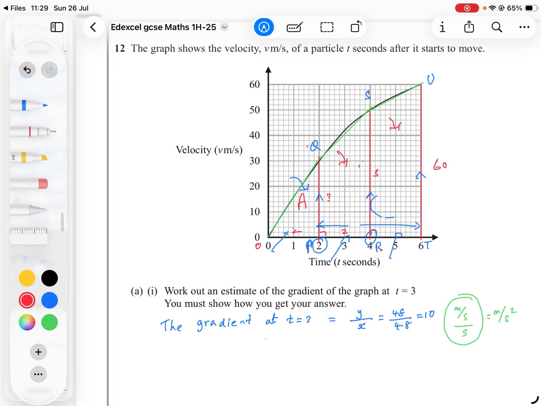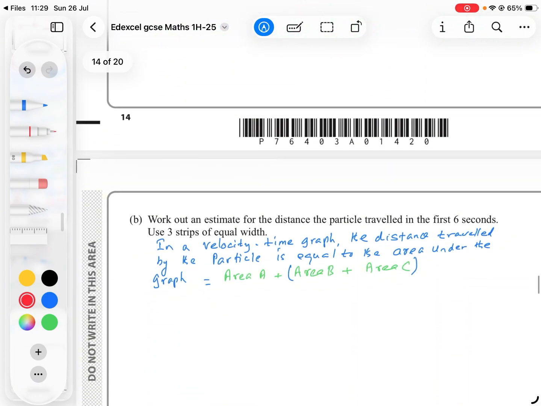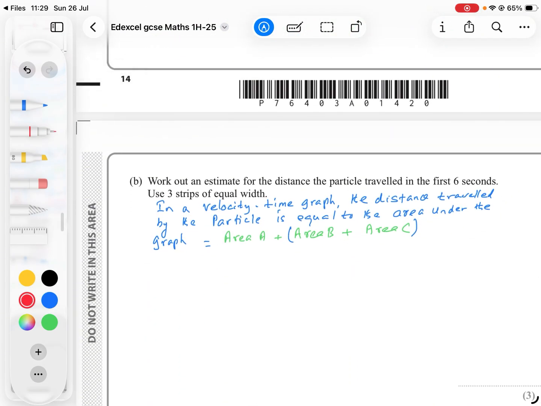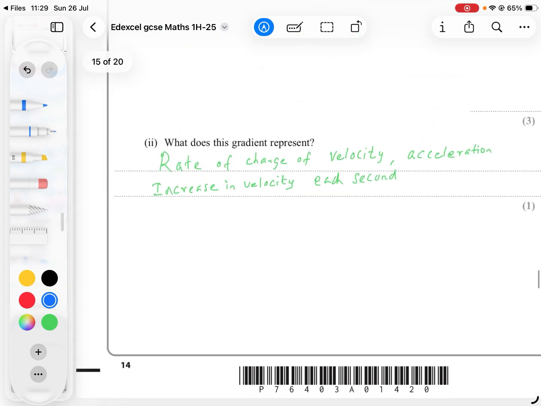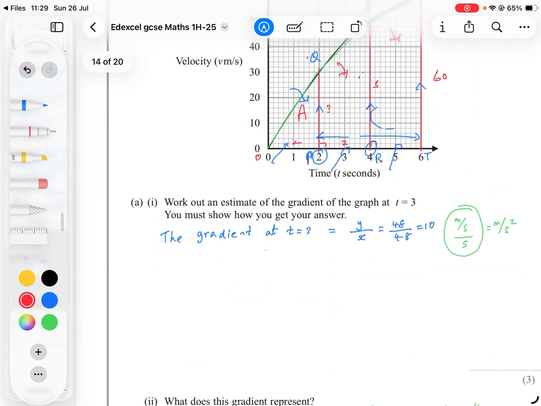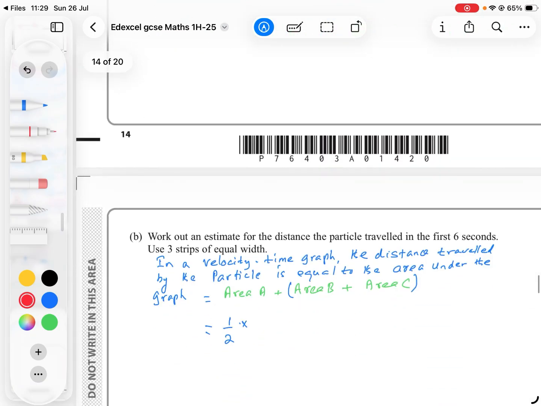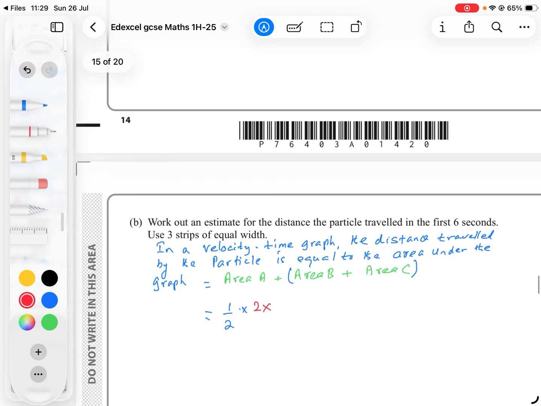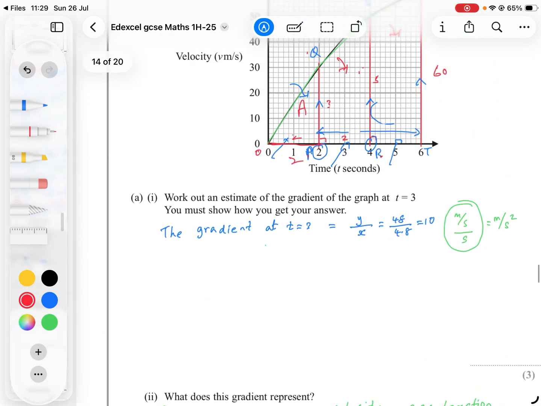The area of triangle A is half times base times perpendicular height. The base is 2, you can see clearly, base 2, times perpendicular height, which is 30.